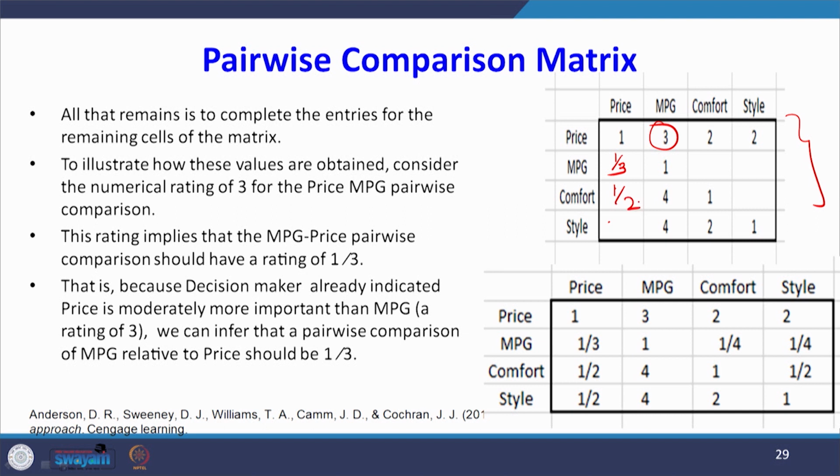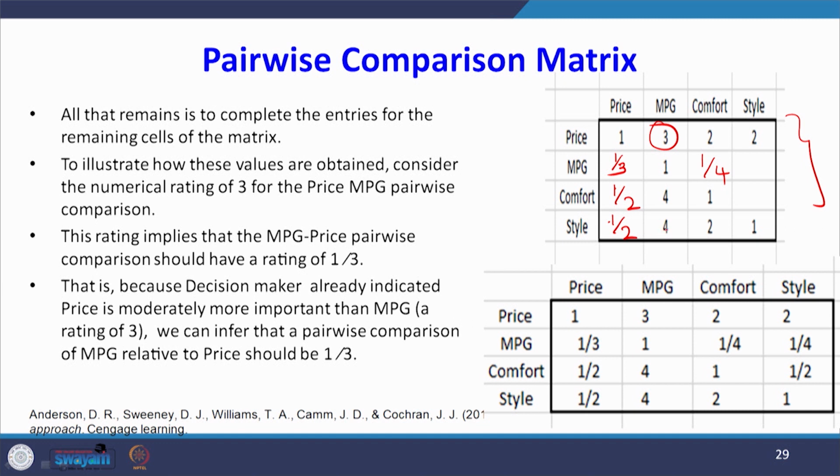For example, when you compare price and style, it is 2. When you compare style and price, it should be the inverse, 1 by 2. And you see comfort and miles per gallon, it is 4. Then miles per gallon and comfort should be 1 by 4.